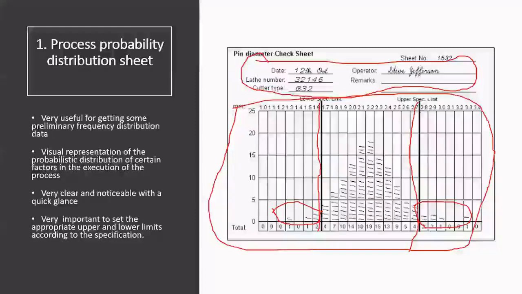If it is not, there is no purpose to use it. By using that, at a glance, you can recognize whether it is in control or out of control, what the mean is, and whether it is skewed in one direction or not. Likewise, you can get a lot of information at a glance.